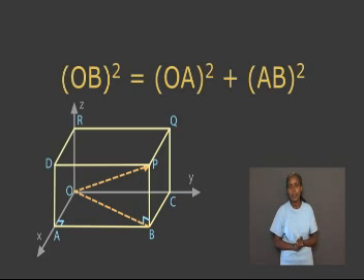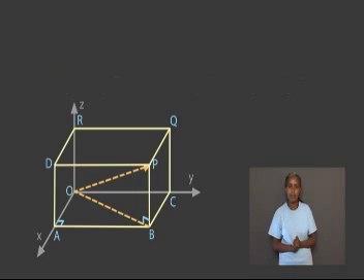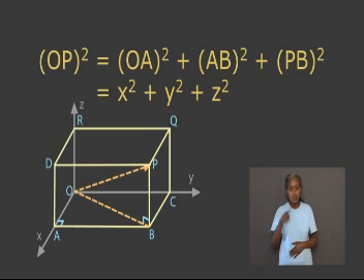The same principle applies to triangle OAB. The square of OB is the sum of the squares of OA and AB. We can then substitute the components of these 2 equations as we see here.